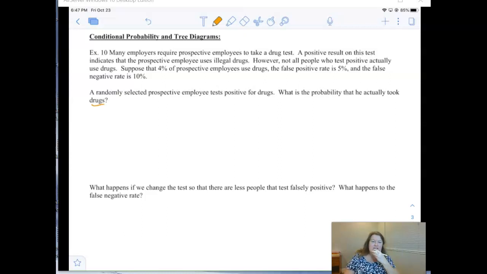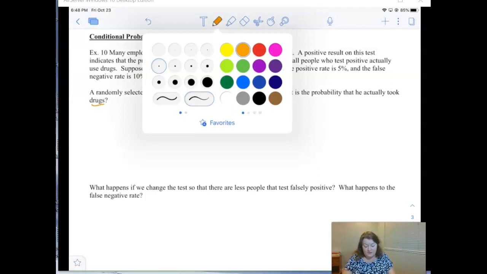Oh, before we do that, let's think about if we're going to do a tree diagram, because this definitely has something happening first and second, right? He has a drug test, right? And then there's he did or he didn't take drugs, right? So pretty much you'd be taking the drugs first and then testing. So when we draw our tree diagram for this, that's what we're going to be looking at.